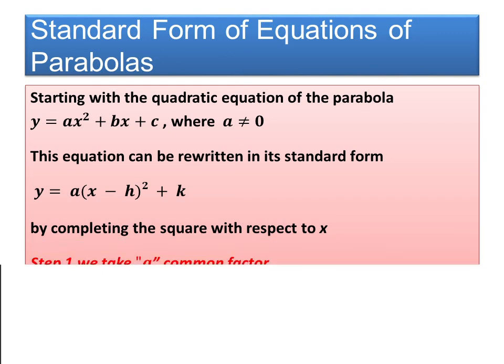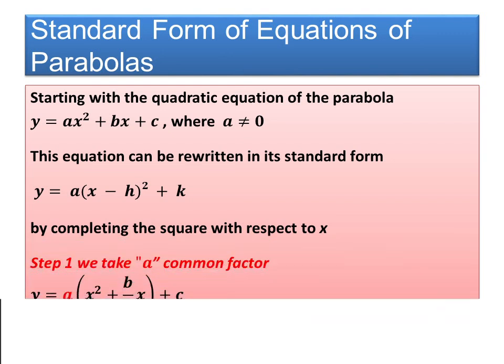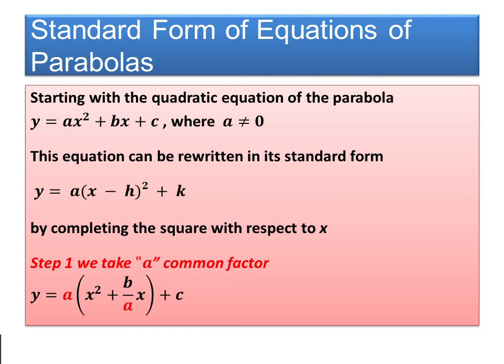We start with y equals ax squared plus bx plus c, and we take a as a common factor. As we see in front of us, I write the a in the red color. So we have y equals a open bracket x squared plus b over a x.